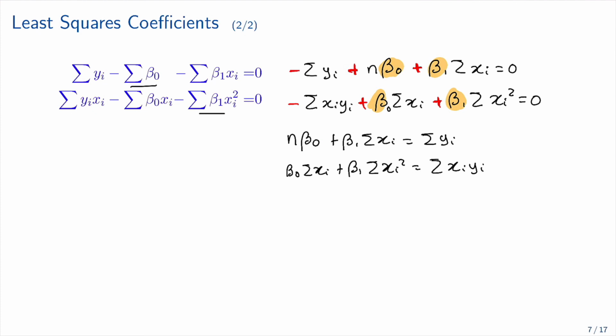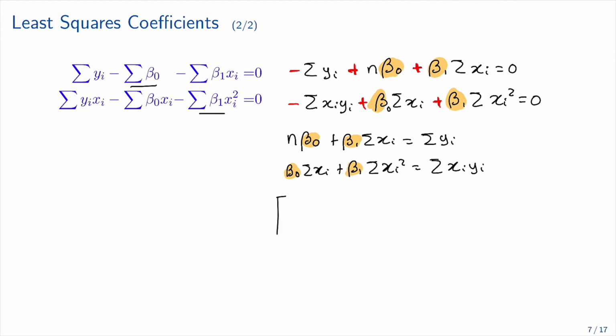Now we can rewrite these equations in matrix form in the following way. Notice again that our variables are beta 0 and beta 1. So beta 0 is multiplying the first term and beta 1 is multiplying the second term.